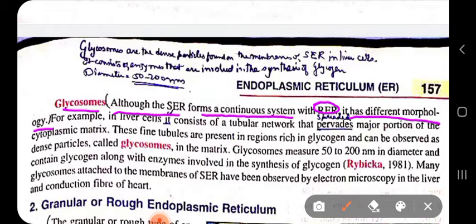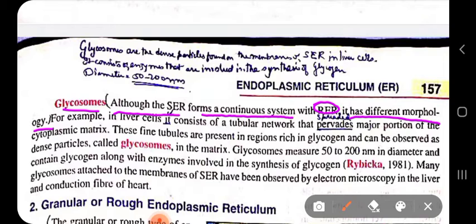The morphological structure is different from the rough endoplasmic reticulum. Although they form a continuous network, still they have a different morphology.